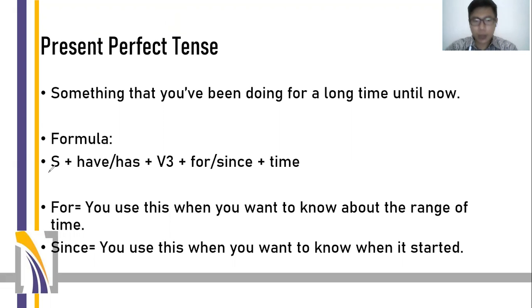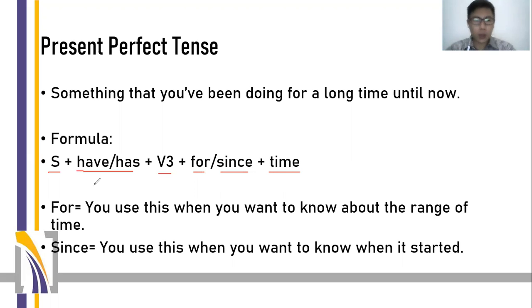It always starts with the subject, but we use have or has, and then we use the verb three of it, or the past participle of the word. After that, we could use for or since, and then tell the time. Okay, let's go in it one by one.